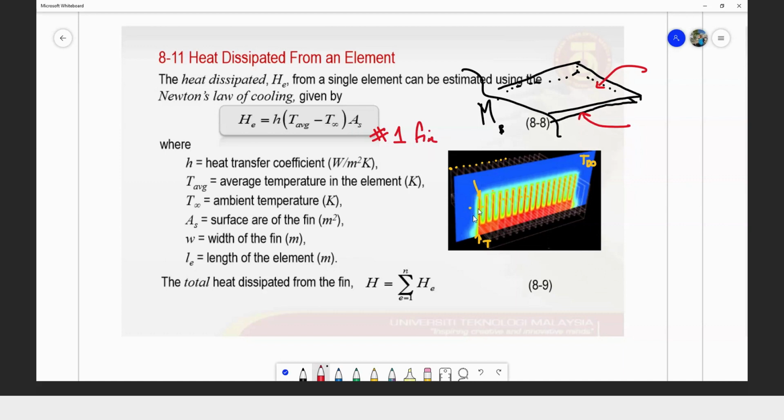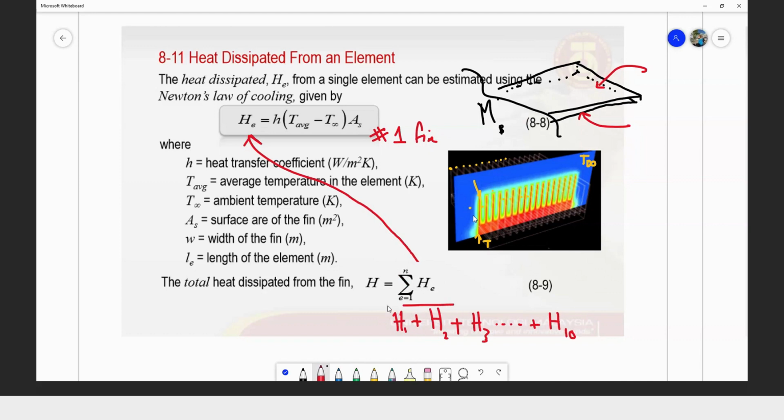And if we have an array of fins, to get the total heat dissipation from the whole fin array, we multiply by the number of fins. This H_E refers to one fin. If we have fin 1 we have H1, for fin 2 we add more, and if there are 10 fins we keep adding up to H10. So to simplify this equation, it is written like this.